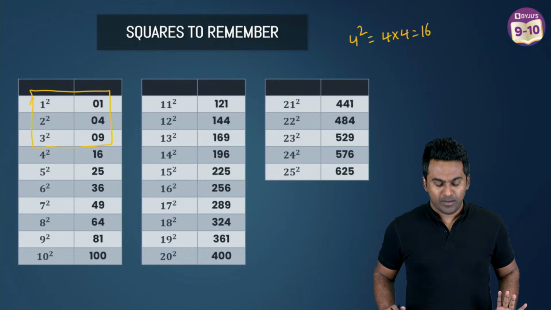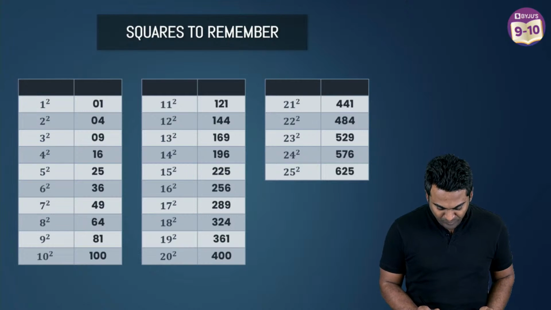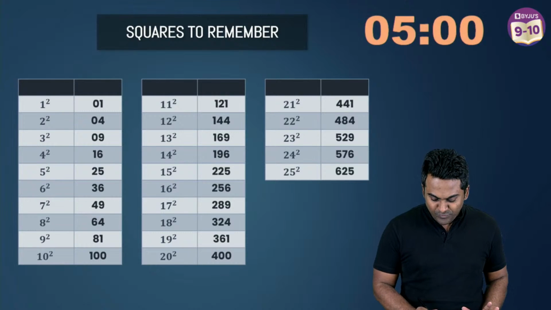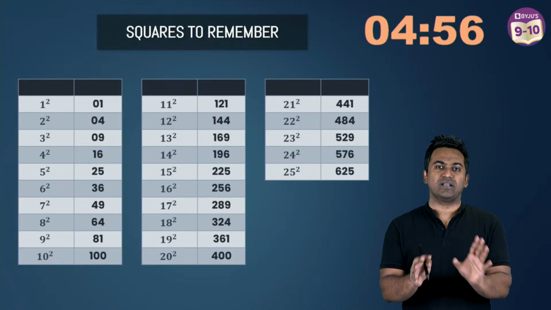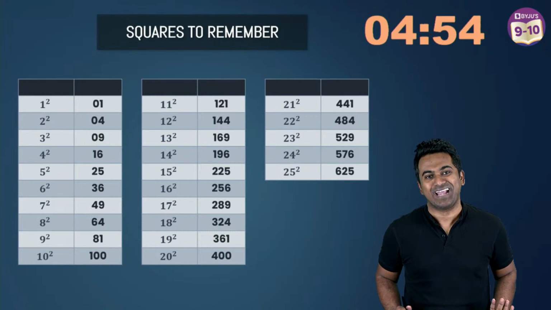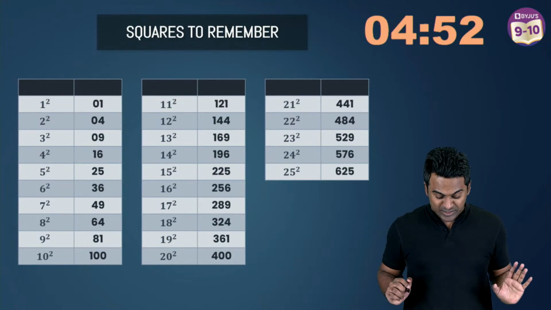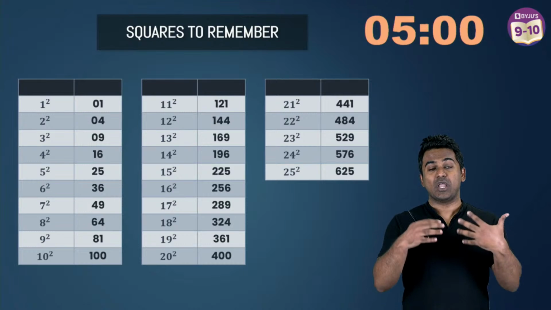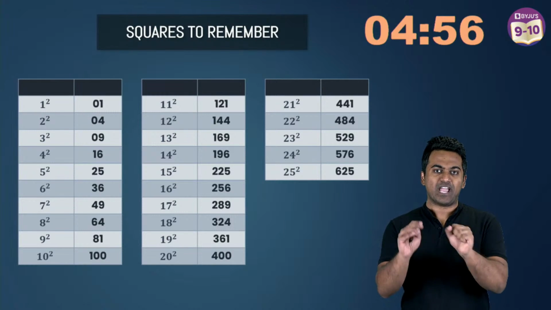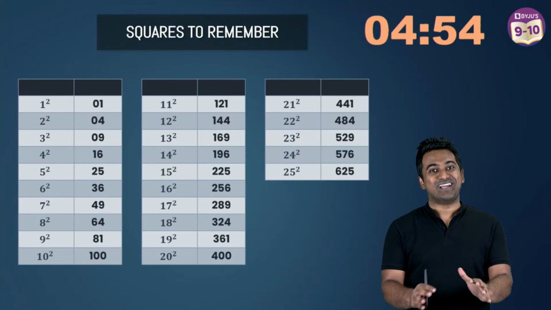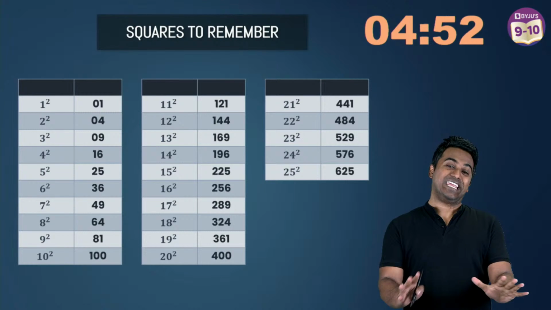All right, so make sure you take a quick mental snapshot. I'm going to give you 5 minutes for whatever squares you do not know. Make sure you write it down, because that's going to come pretty handy when we are calculating these squares, because the idea here is that only using these squares from 1 to 25, we will be able to calculate the square of any number.